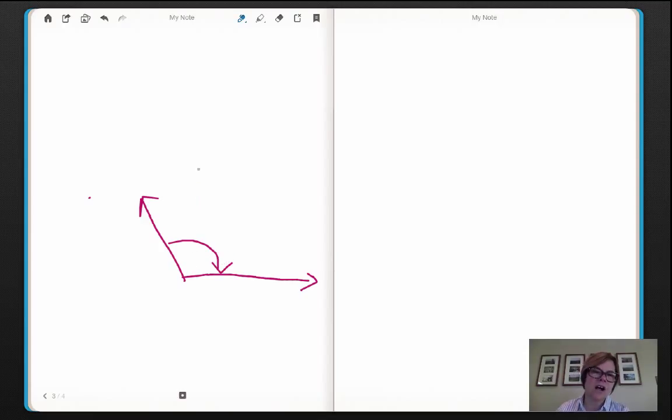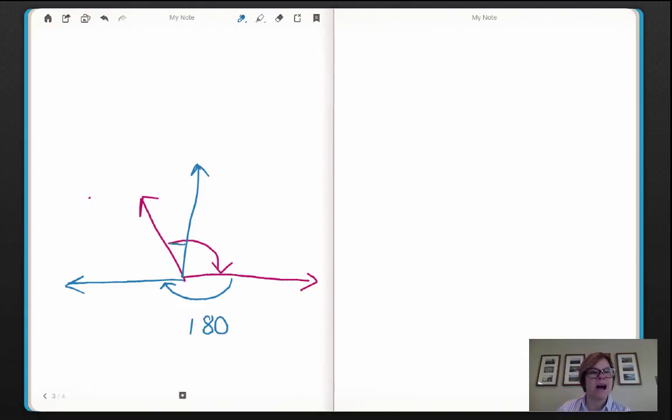So first of all, I'm going to go ahead and make some angles that I know. I'm going to make a 90-degree right angle, and I'm going to make myself a 180-degree. Okay? Now, right off the bat, I know from here to here is 180 degrees, right?